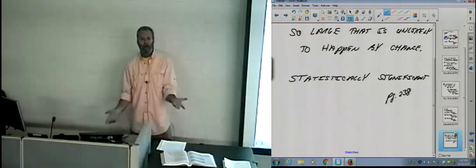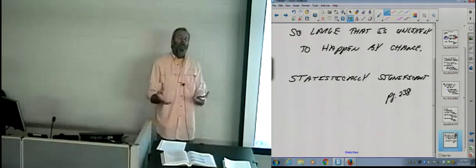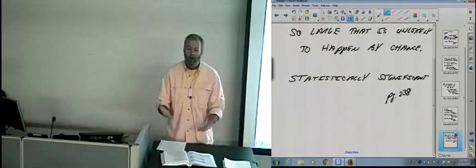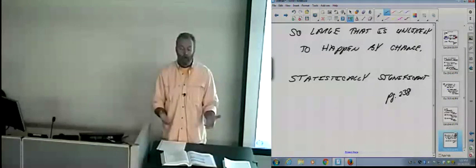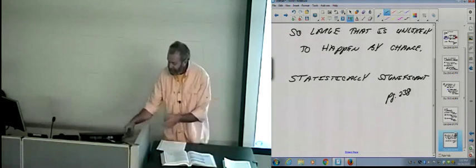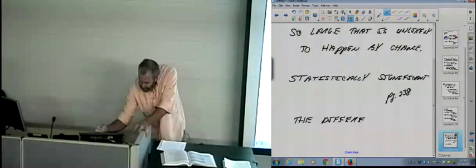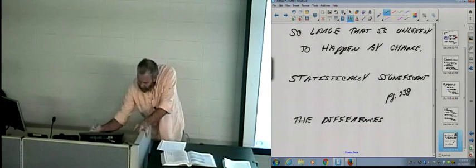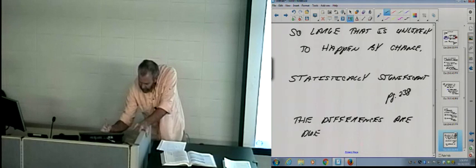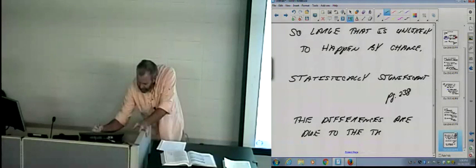Now, when somebody tells you the results of the randomized comparative experiment are statistically significant, what they are telling you is the differences are due to the treatments.